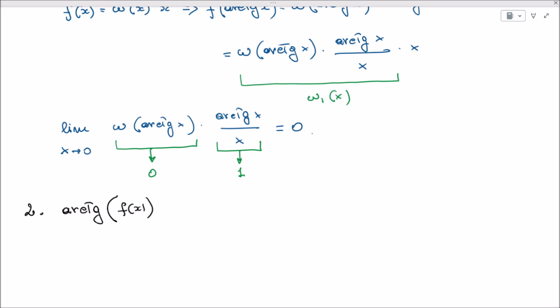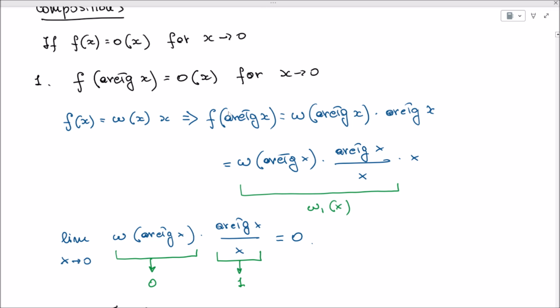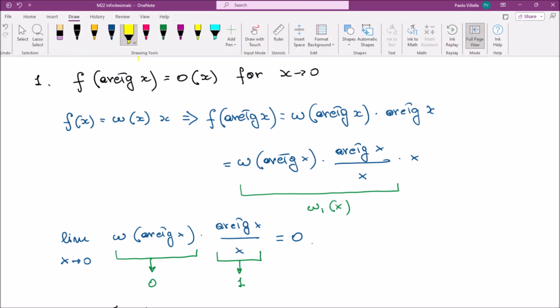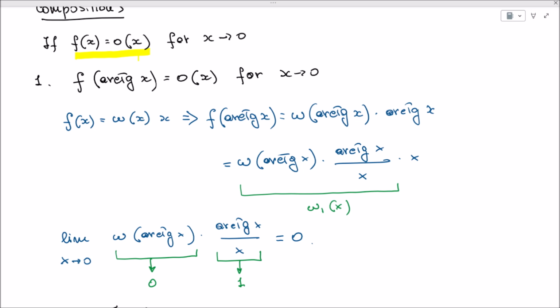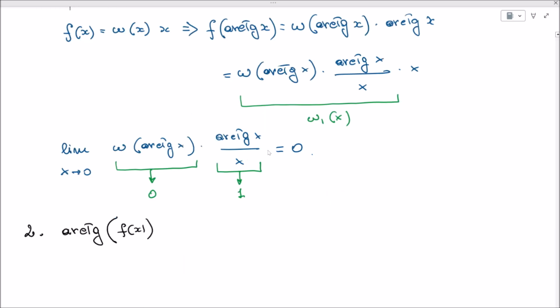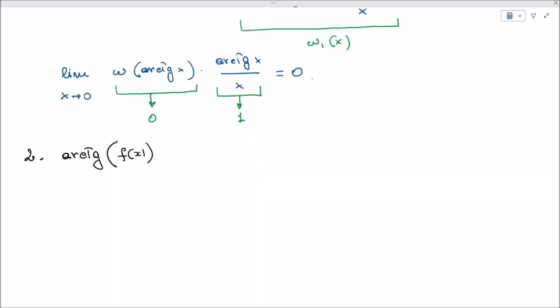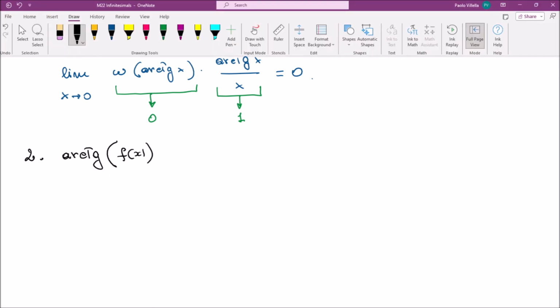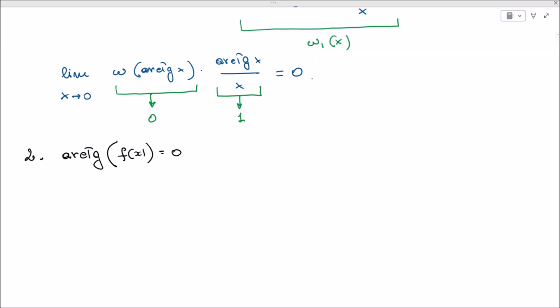And remember that the first hypothesis still holds. We are always assuming that f of x is again little o of x. And we want to prove now that this new function that we just have obtained is equal to little o of x for x that goes to 0.